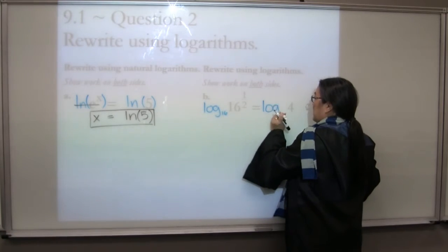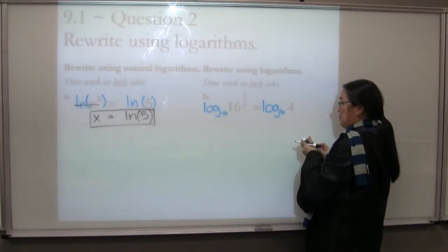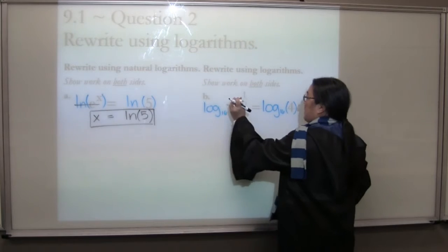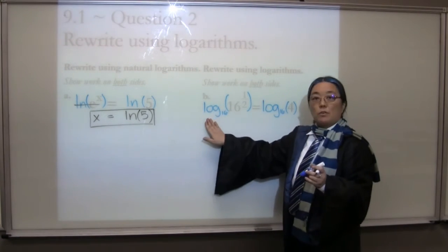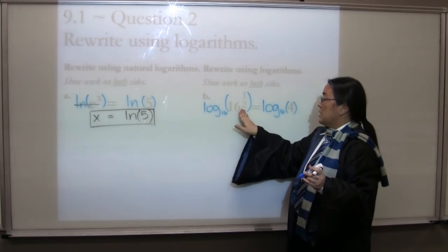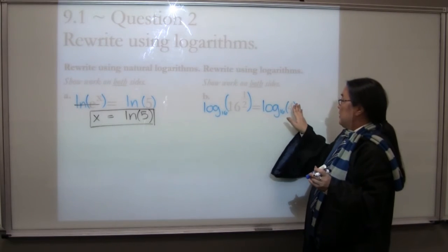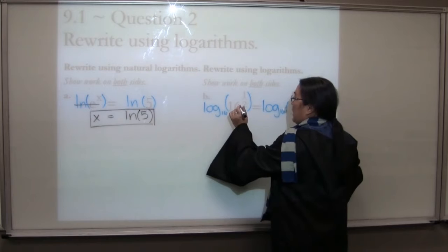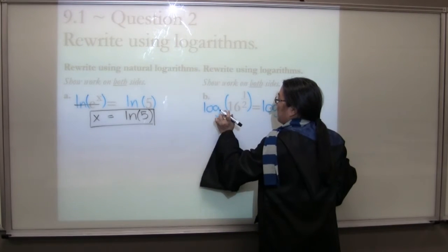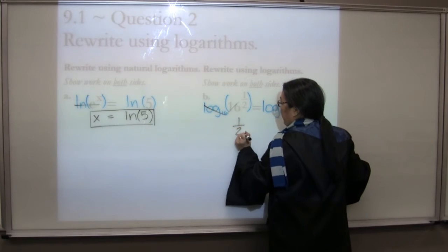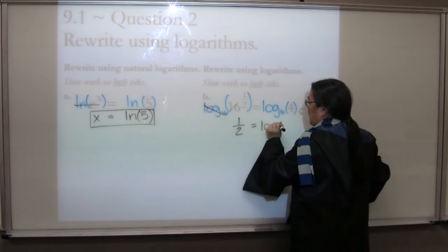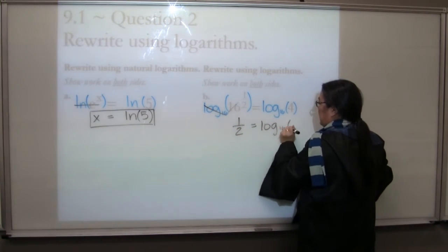So we take log base 16 on both sides. Parentheses, a very good idea, because remember, these have to go in front. They're a function acting upon what's after it. The 16 and the log base 16 will cancel out, leaving me with 1/2 equals log base 16 of 4.